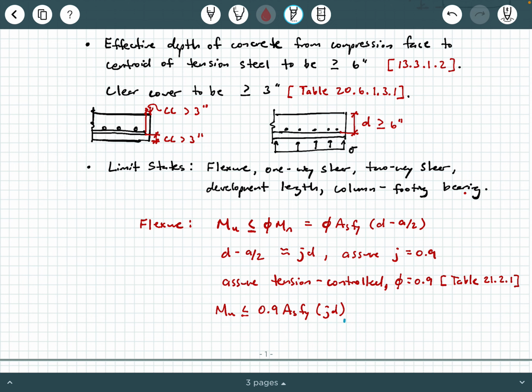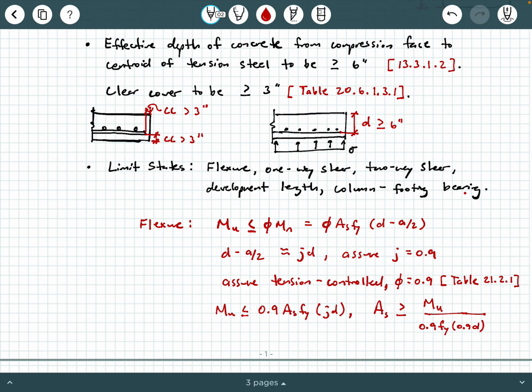And this j is also 0.9, so we have two different 0.9s here. And so we can do some rearranging, and we can say, okay, we need some steel As that is bigger than or equal to Mu divided by 0.9 fy times 0.9 of d, okay?